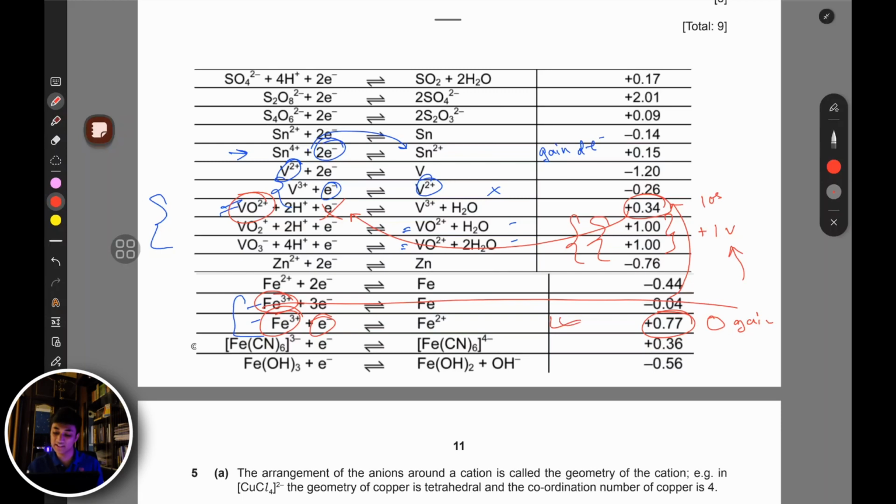Yes, it is, but only this part is correct. This part is not correct. So the moral of the story is, no matter what combination you take and try to make them react, it's not going to take place. At least one part of the half cell equation is not going to be taking place. Therefore, this reaction is not feasible.